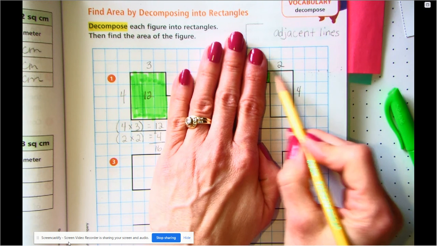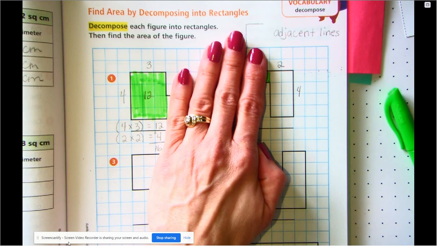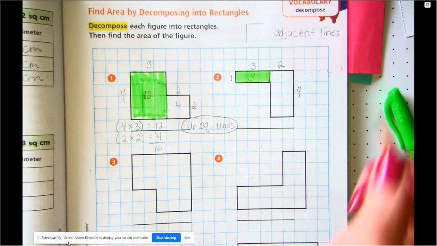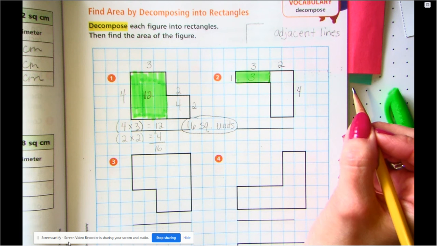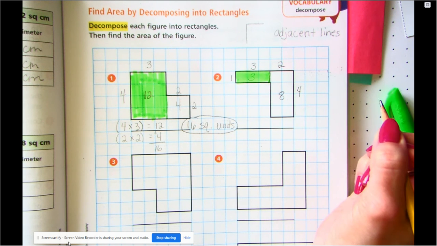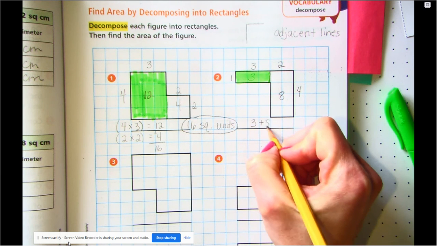These adjacent lines make up the side lengths. If I multiply those together, 2 times 4, 2 groups of 4, or 4 groups of 2, I'm going to get 8. Then I can just add 3 plus 8.